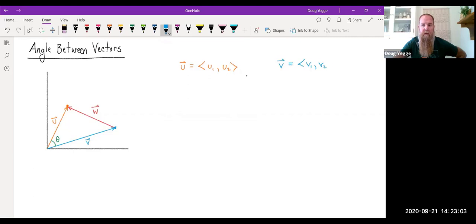Now, in order to find the angle between two vectors here, the way that we're going to do this is by using the law of cosines, by being given u, w, and v.